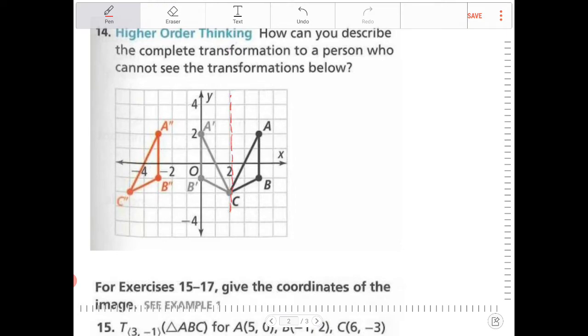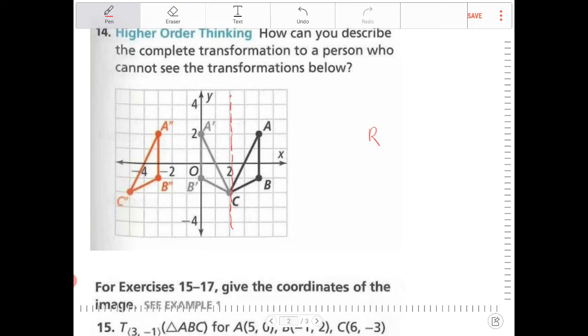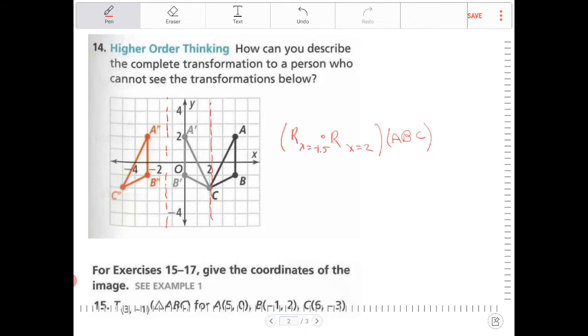There was a reflection first that was performed, a reflection over the line x equals 2, followed by another reflection at x equals negative 1.5 of triangle ABC. This is actually equivalent to just one direct translation, but that's not what they're asking for. They're asking you to describe what took place here.